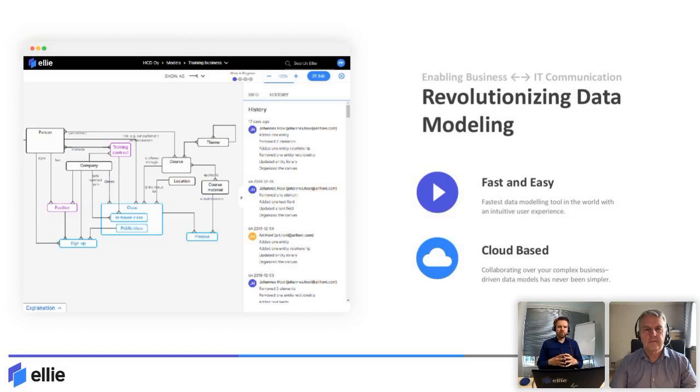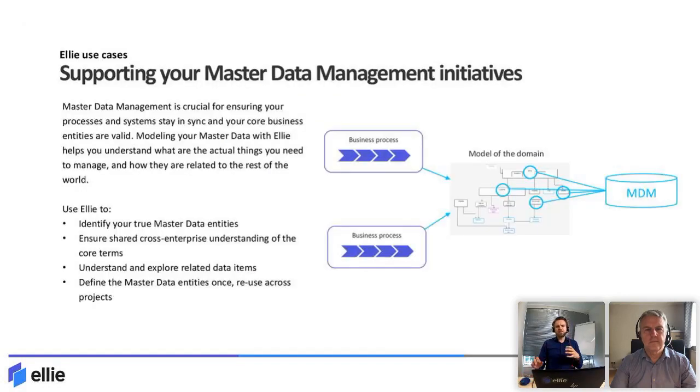We also want to make it so that the business experts, the SMEs who really know what is going on and what the everyday problems and processes of the business are, can also get involved. So it's very cooperative in that sense. And the idea with Ellie in master data initiatives that we've seen quite a lot recently with our clients is that organizations often don't understand very well what these core master data items are, like you had, Mike, the customers, products, and assets going on there all the time.